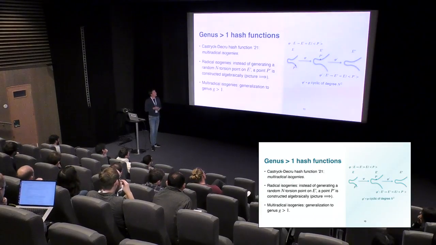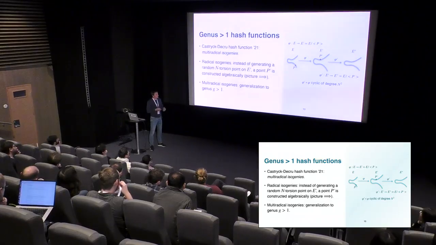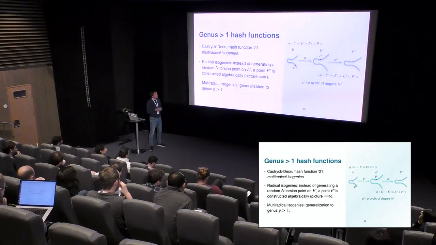And then there were further improvements. Castryck, Decru in 2021 used multi-radical isogenies, which means the computation of the isogenies is faster. That's because traditionally, when you are computing the isogeny out of this elliptic curve, for example, you are choosing the points that form a kernel of this isogeny, and then you do the computation.